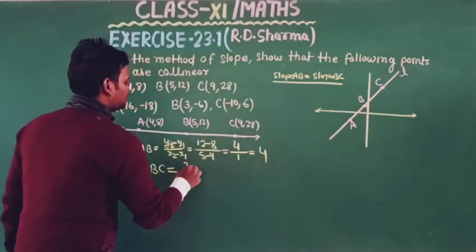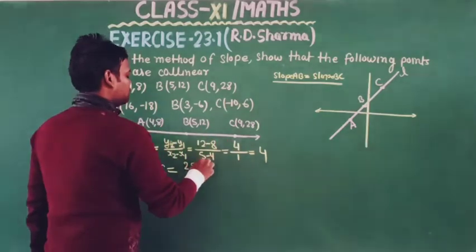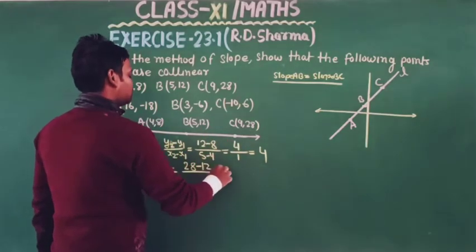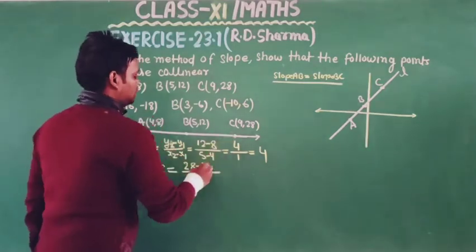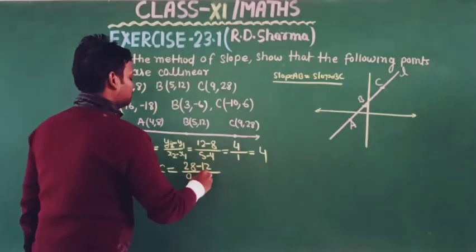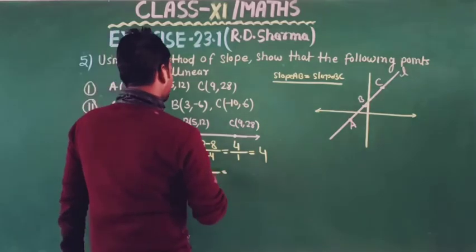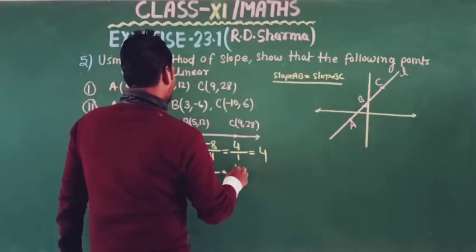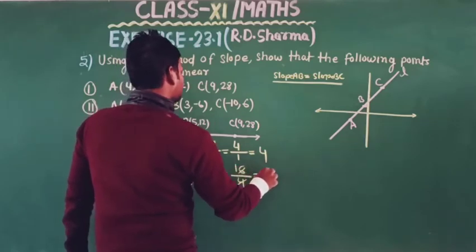So y2 is 28, y1 is 12, so 28 minus 12, and x2 is 9 and x1 is 5, so 9 minus 5, which gives 16 by 4, that is 4.